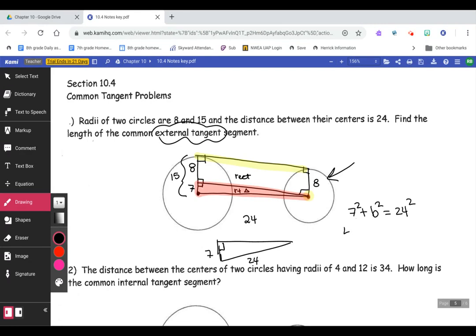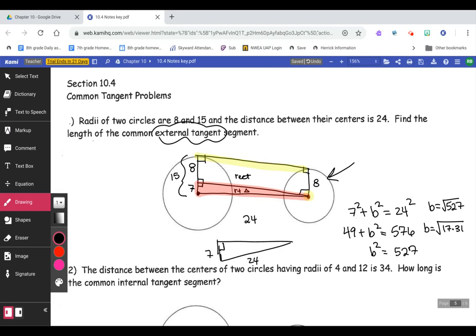So we have 49 plus b squared is equal to 24 squared, which is 576. When we subtract 49 from both sides, we have b squared is equal to 527. So b is equal to the square root of 527. This can actually, it's not prime, it can be broken down, but we end up getting 17 times 31. And those two happen to be prime, and there's no pairs.